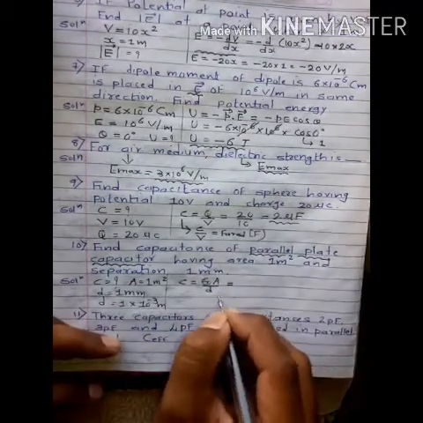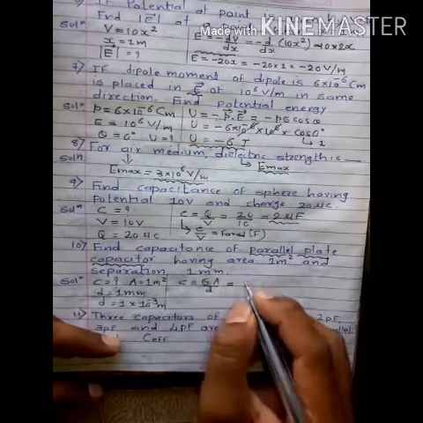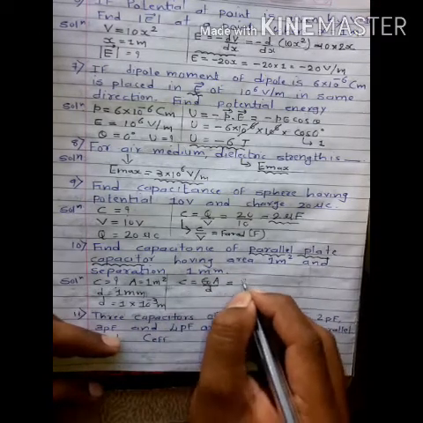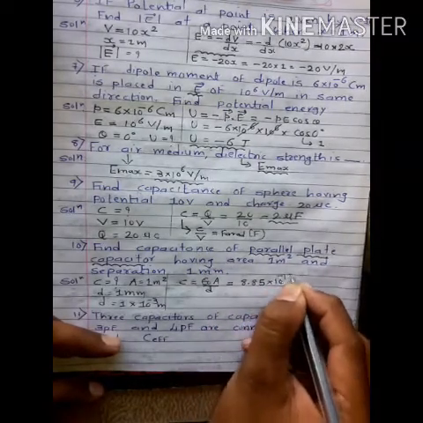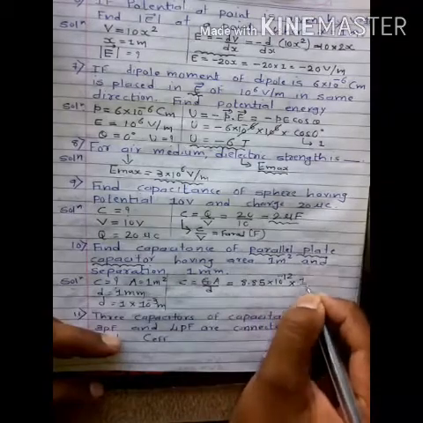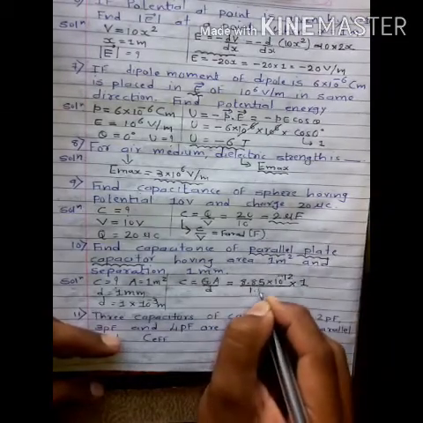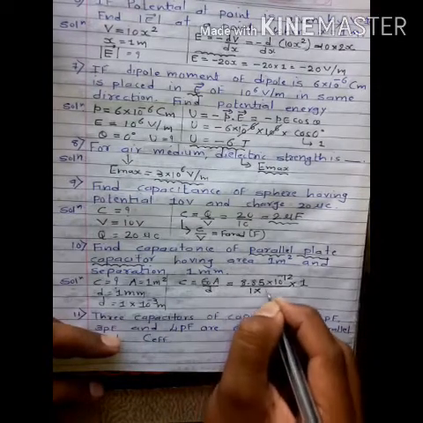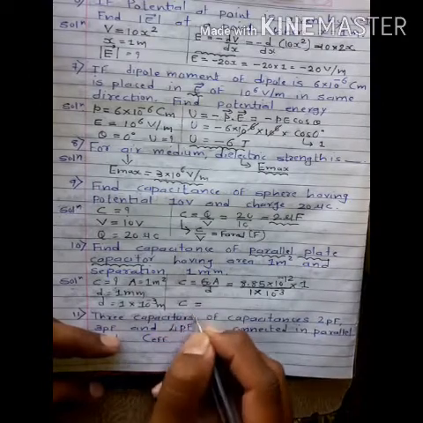Substitute all quantities. Epsilon 0 is a standard constant, permittivity of free space, it is 8.85 into 10 raised to minus 12, into area 1 meter square, divided by separation 1 into 10 raised to minus 3. Clear? Now try to solve this term.